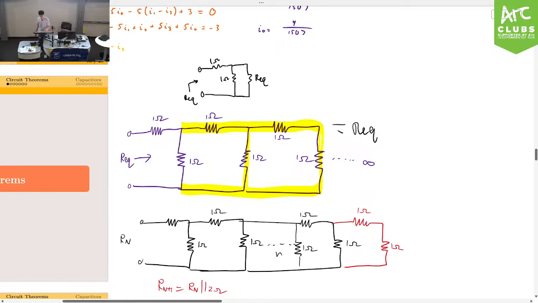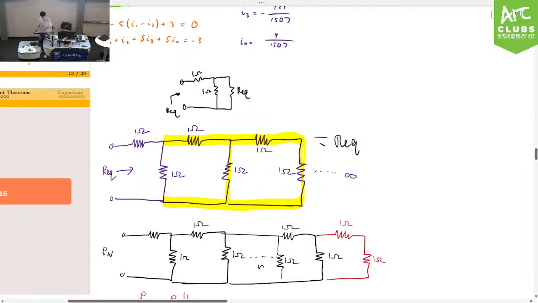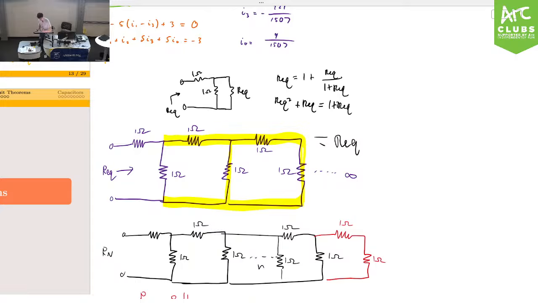If I solve this, REQ is going to be equal to 1 plus the parallel connection of that 1 ohm with REQ itself. So that would be REQ over 1 plus REQ. If I multiply that out, now you've got the constant that we were missing before. REQ squared plus REQ is equal to 1 plus REQ, it's 2 of that.